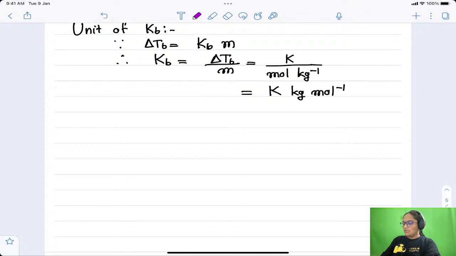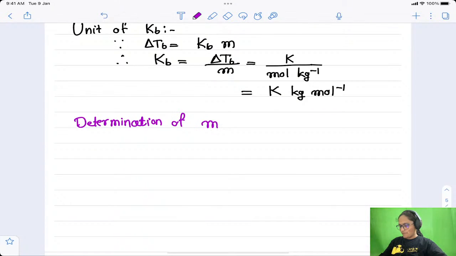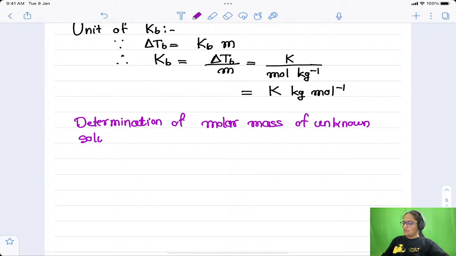So let us see the determination of molar mass of an unknown solute by using elevation of boiling point.